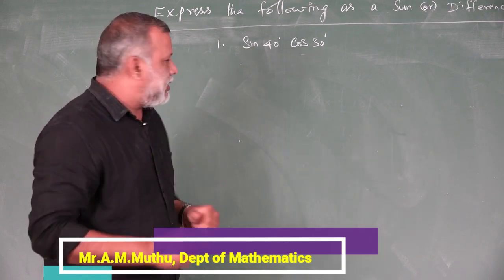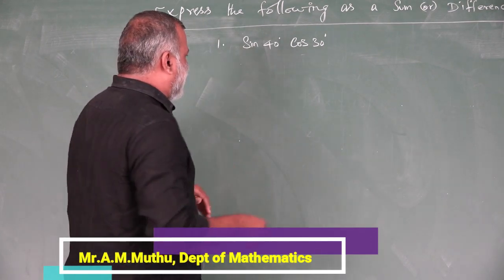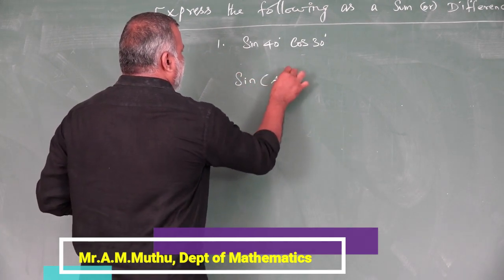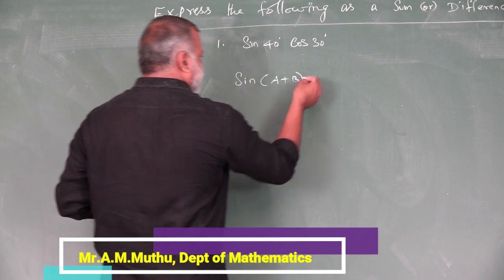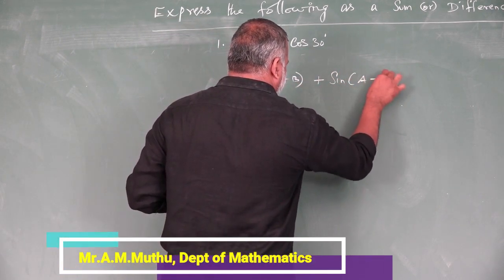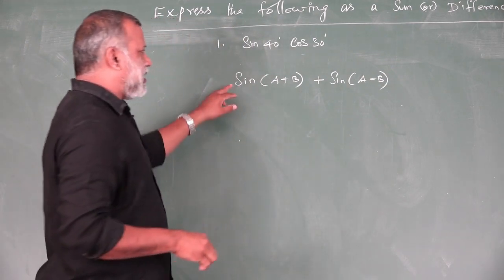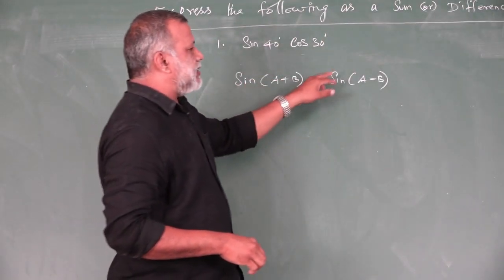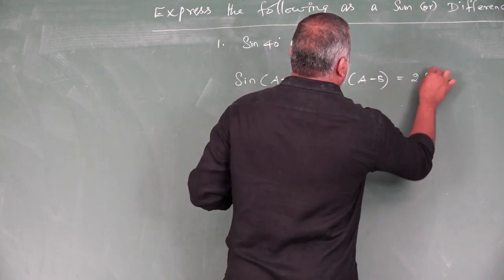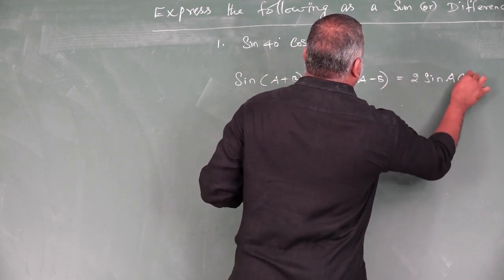Already we discussed it. Listen, we have a formula like this: sin of (a plus b) plus sin of (a minus b) is equal to 2 sin a cos b.